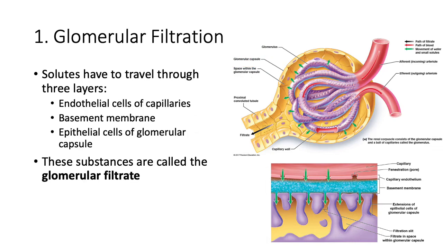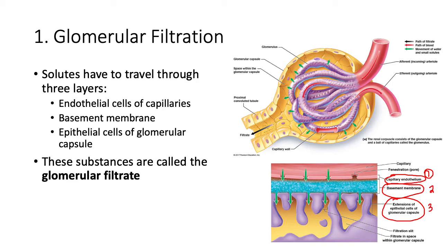So those three layers are first the actual endothelial cells of the capillaries. So solutes have to first pass out of the capillaries, out of the bloodstream. Then they have to pass through the basement membrane, which again is like a tissue that basically connects these two layers of cells together. So that's our second step. And then finally, they actually have to pass through the epithelial cells that make up the glomerular capsule.